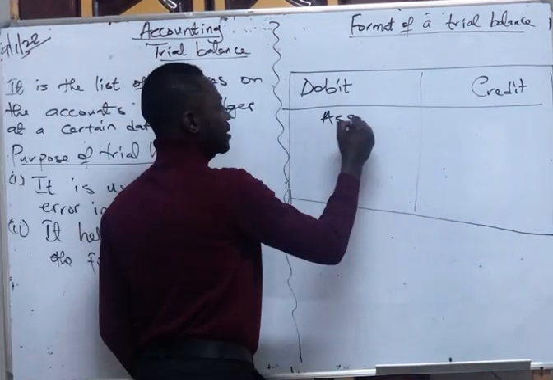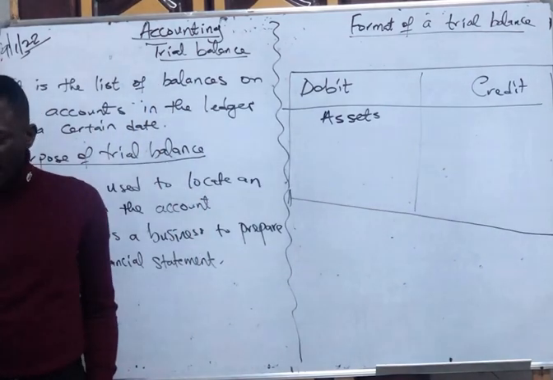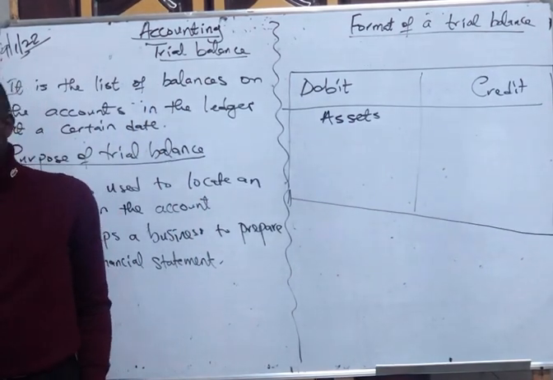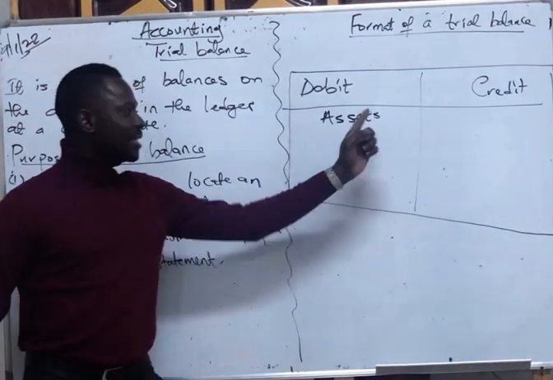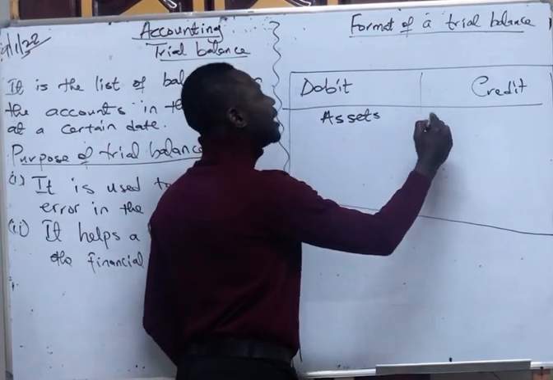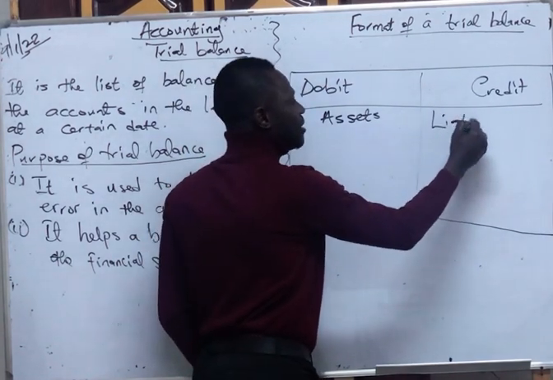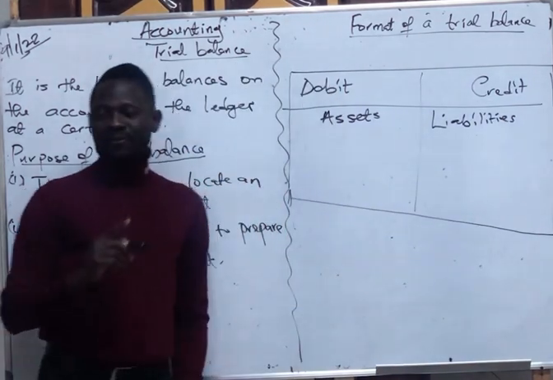Are you with me? Yes. All assets will be where? The debit side of trial balance. So if assets are on the debit side of your trial balance, the credit side will be what? Liabilities. Thank you. That's the first thing.